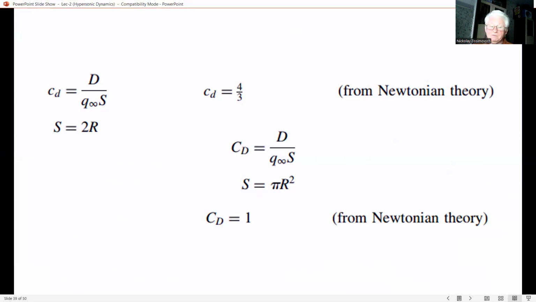This is compatible with the Mach number independence principle to be discussed in the next lecture. In short, this principle states that certain aerodynamic quantities become relatively independent of Mach number if M is sufficiently large. Newtonian results are the epitome of this principle.